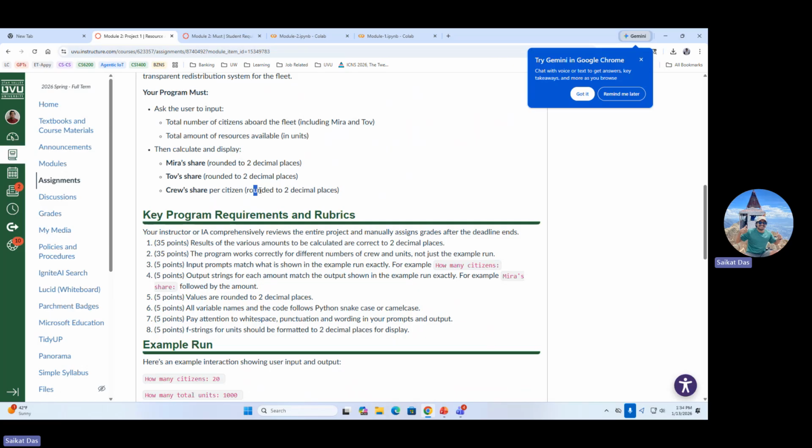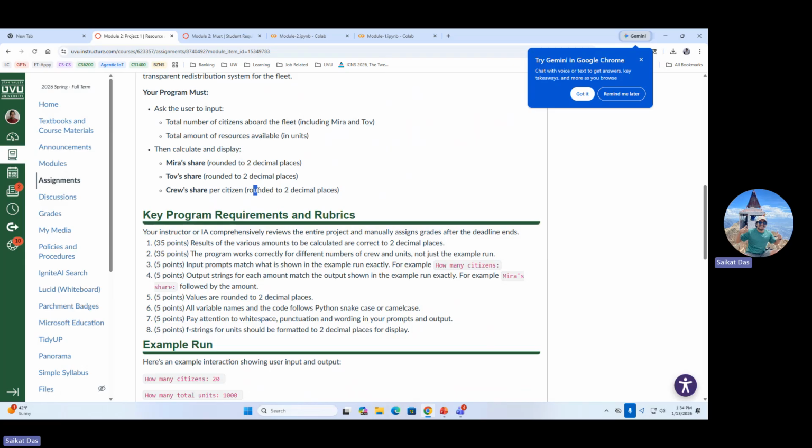Okay. So we're not done yet. We need to print the output. The outputs are Toph share, Mira share, and crew share. This is the challenging part. Probably you have missed those things. From my past experience, my students miss this information. The first thing is, initially you are giving 3 units to all of the crew, right?